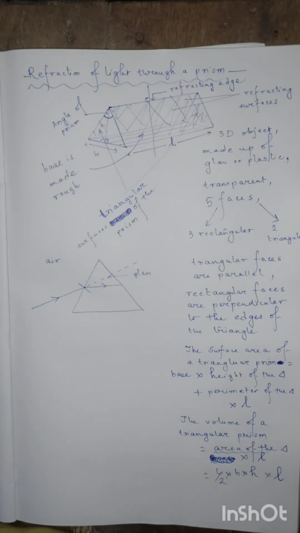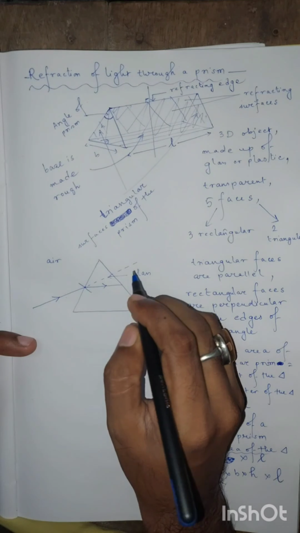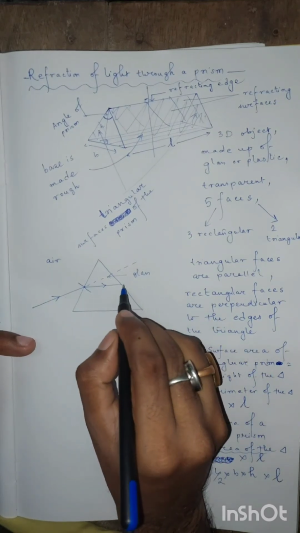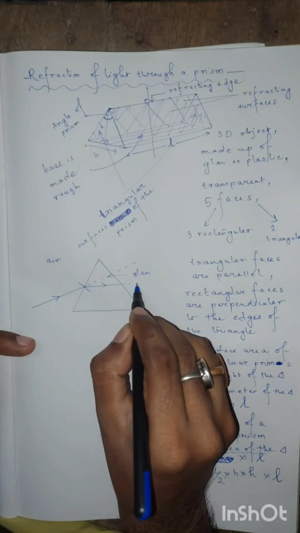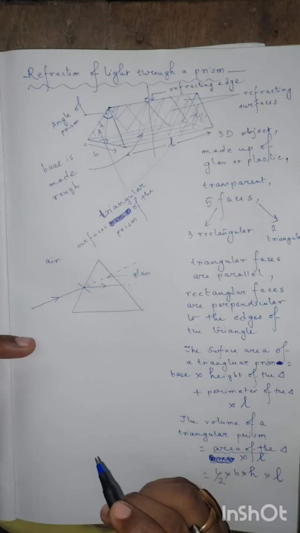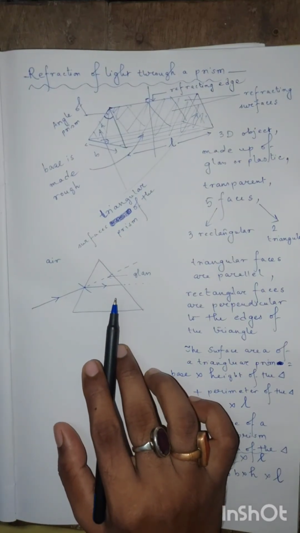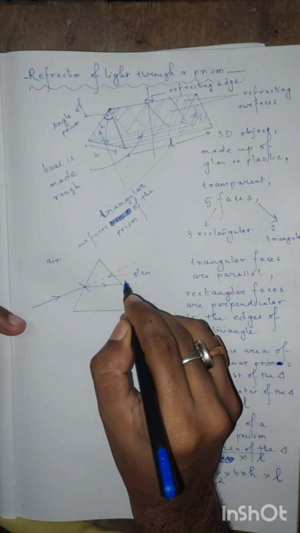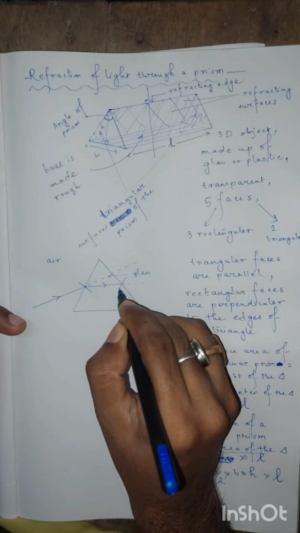and when it strikes the second surface of the prism, it should go like this, but when the light ray is passing from a denser to a rarer medium, let us draw a perpendicular at the point of incidence.